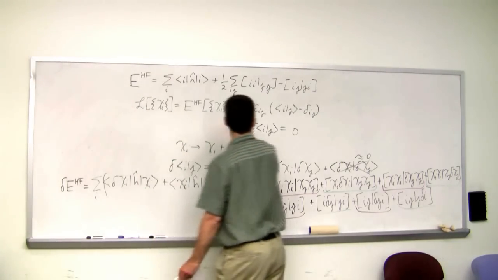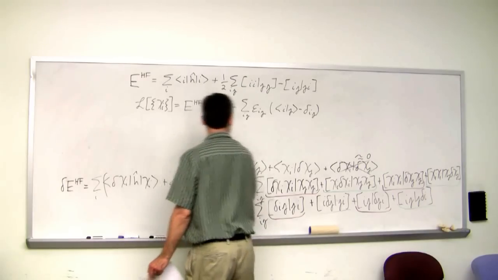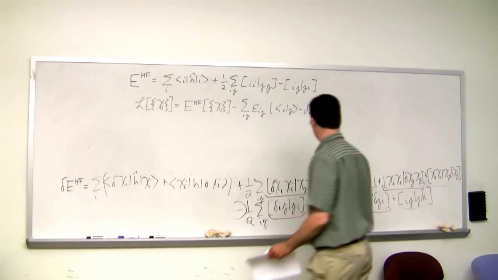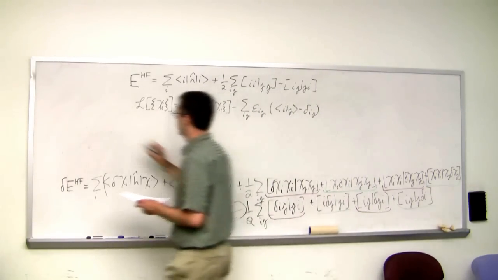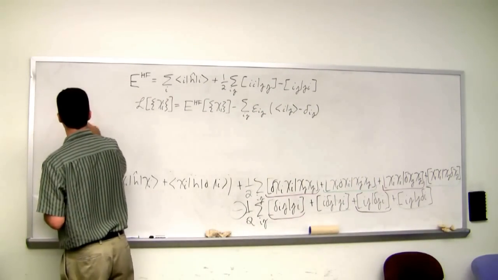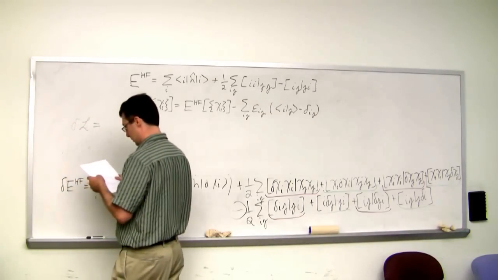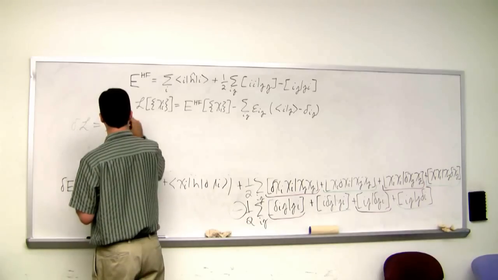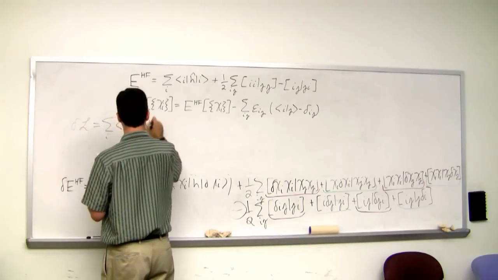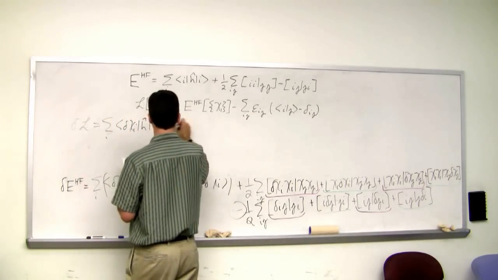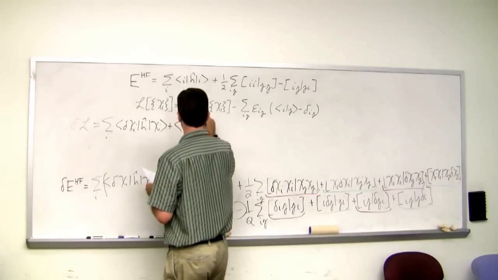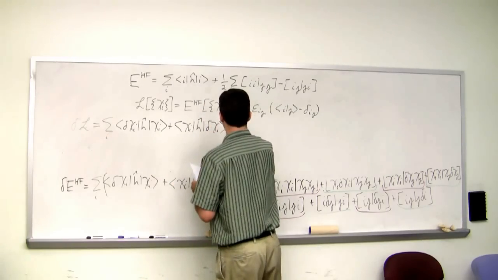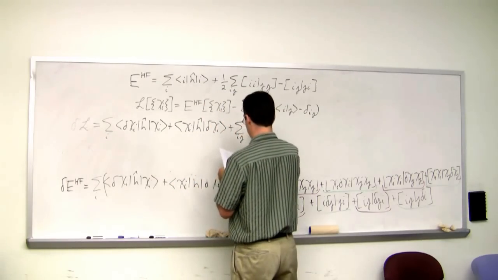I'll do that here. And I'm going to use my simplification of combining the purple terms and the green terms. All right, so delta L is now what? Sum over i, delta chi i, h chi i, plus chi i, h delta chi i, plus sum over i and j.